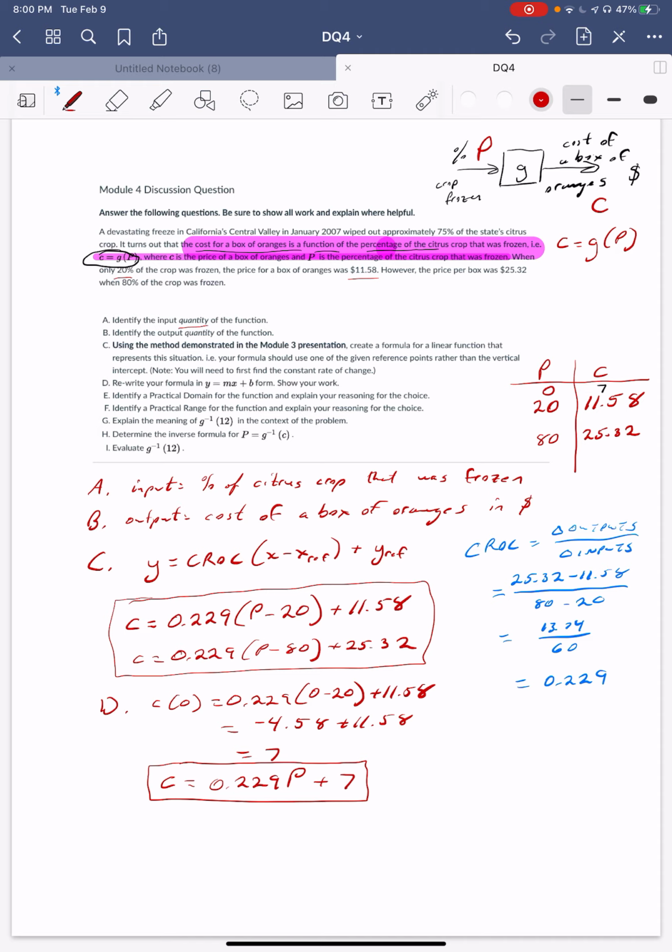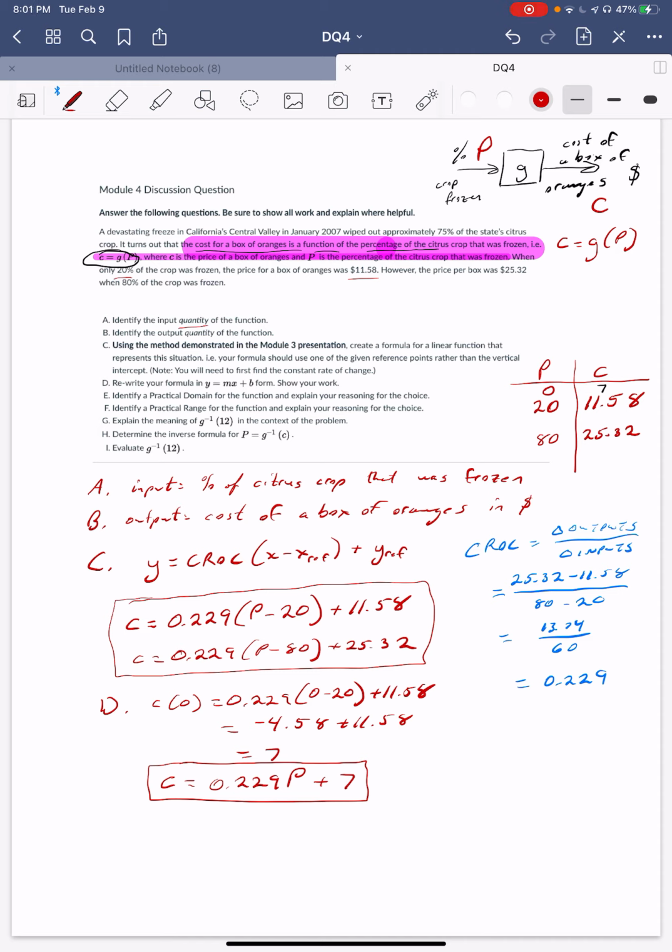Okay, so the next two questions are to identify the practical domain of the function and the practical range, and to explain your reasoning, why you chose these values. So a practical domain and a practical range is asking for the inputs and the outputs that make sense in the given situation.